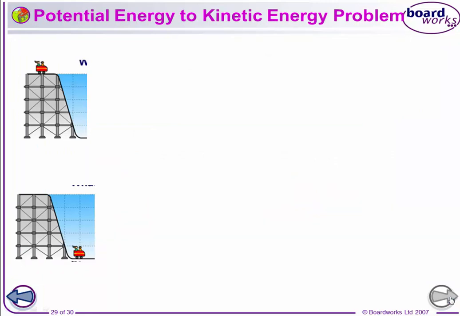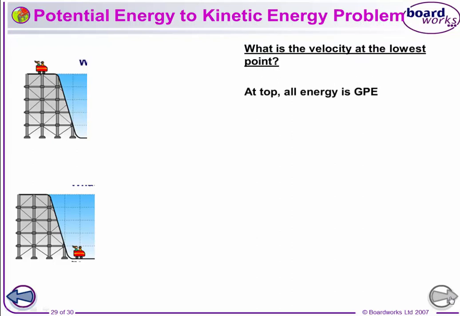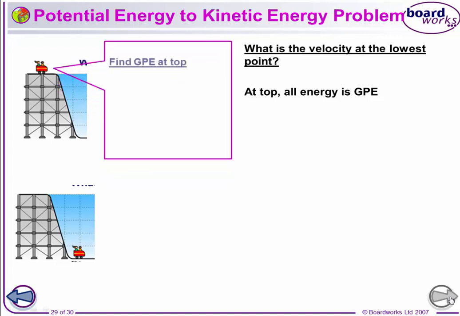Now you might have to do a problem relating to this. Potential energy is turned into kinetic energy. So what is the velocity at the lowest point? At the top, all the energy is gravitational potential energy. So let's calculate what that is. Find the gravitational potential energy at the top.